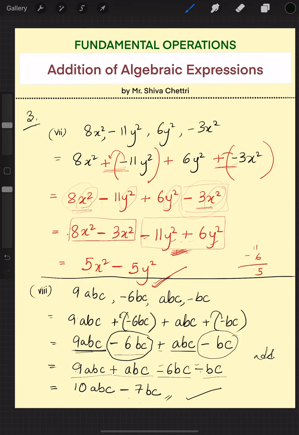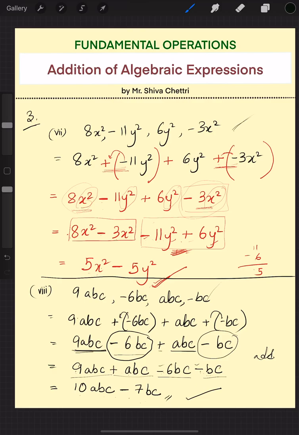So the answer is correct. Okay, that is the process to add algebraic expressions. These are all algebraic expressions and you are adding them. You are not finding the value. Here we are not interested in finding the value, but we are just finding the added terms. All right.